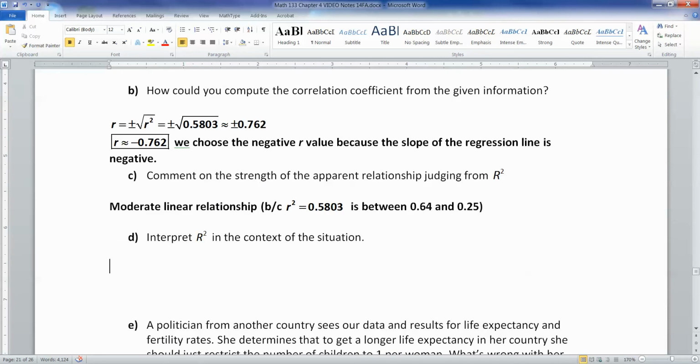All right, now we want to interpret R squared in the context of the situation. That's where we get the percentage of variation.